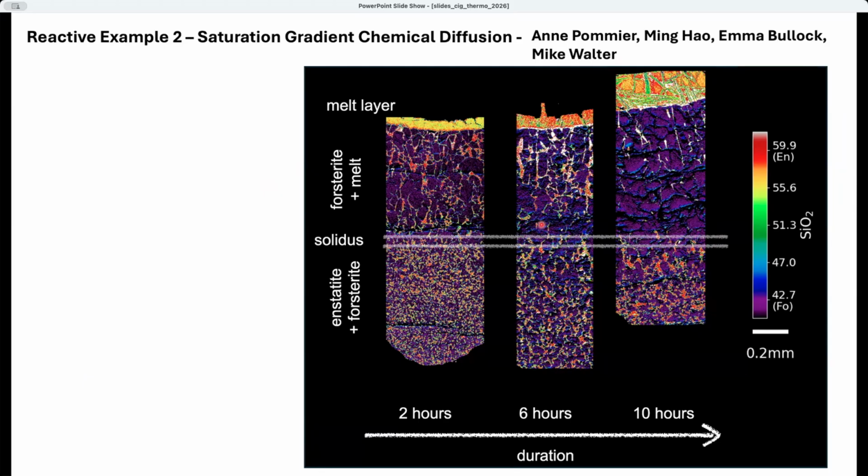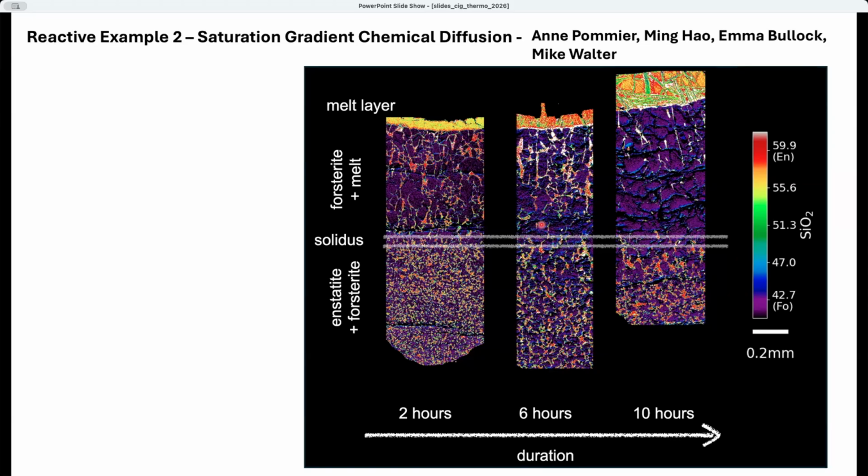They're segregating because the experimental apparatus has a temperature gradient across it that is very hard to eliminate from the system. But it's useful to us because it gives us a sort of calibration and test for our reactive thermodynamic models in a sort of simple thermodynamic system.